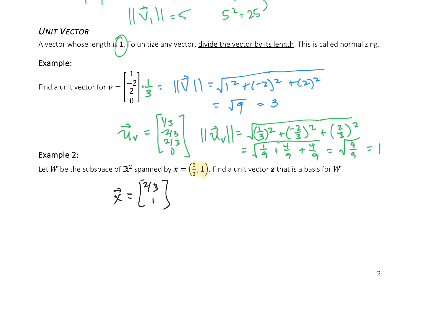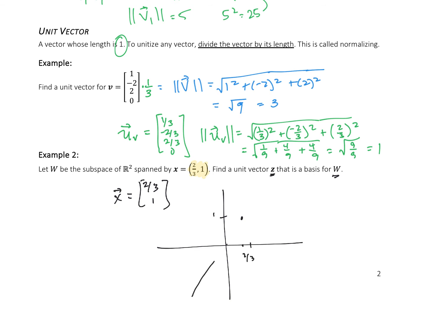That's all it is. So we want to find a unit vector z that is a basis for w. So w is this set spanned by this line here, or by this vector. So if I take 2/3, we'll make that be 1. So 2/3 is roughly there-ish. So there's 1. So 2/3, 1.